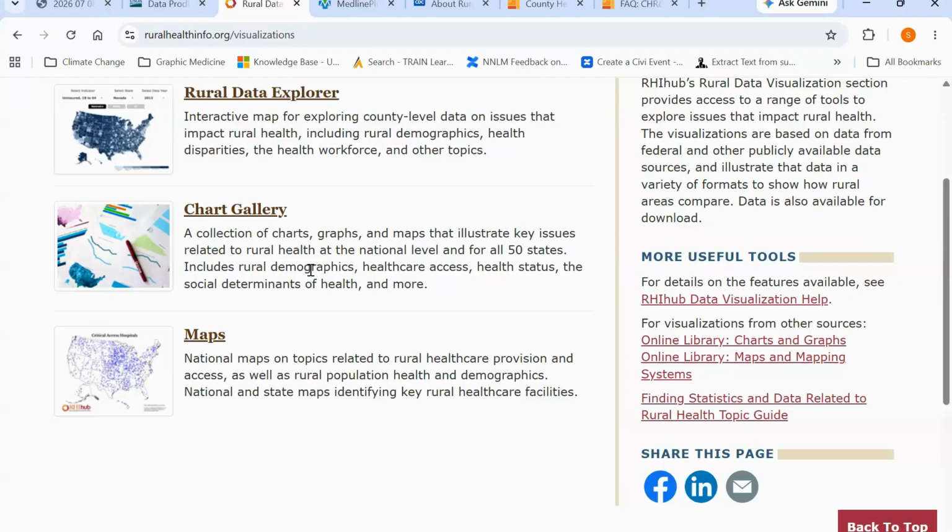When we were looking at the state report for Wisconsin, we only scrolled partway down that page, so you can scroll further to see more of the topics. All of that is visualized, and a lot of it can be searched in the maps to be put in perspective. Any questions about RH Hub before we move on?